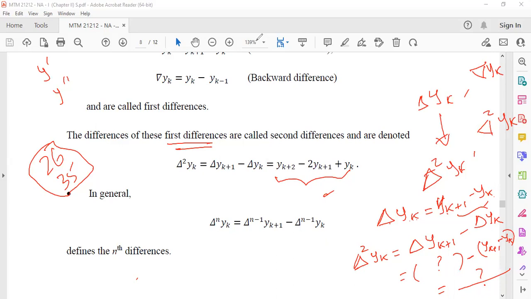Correct. 77 and 144 correct. So just to substitute, no? That's not a big thing.